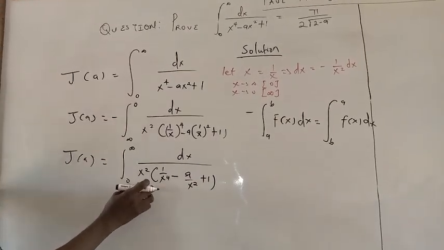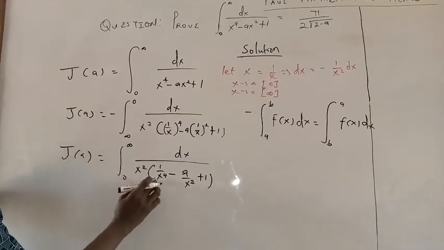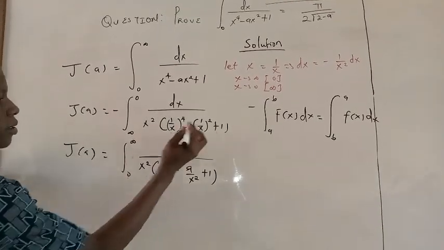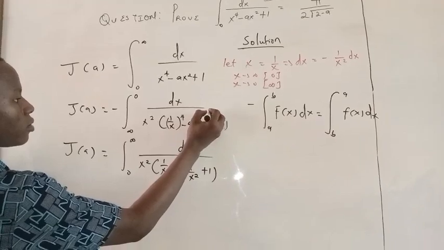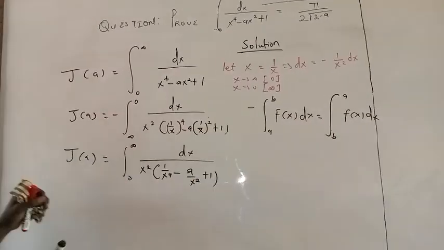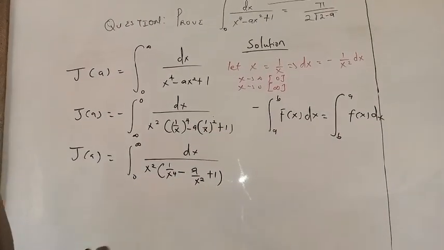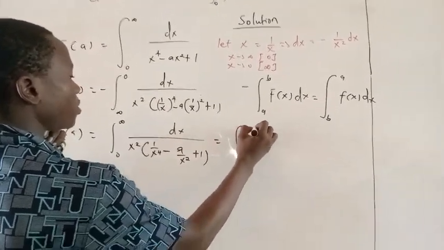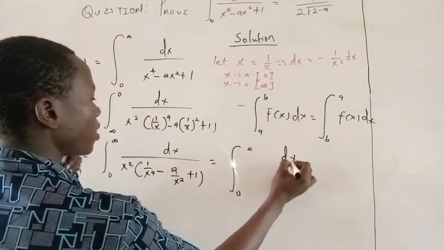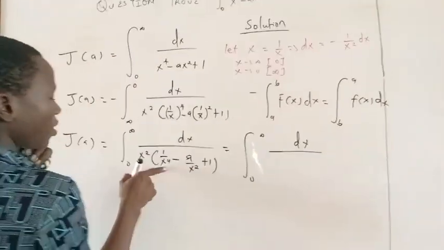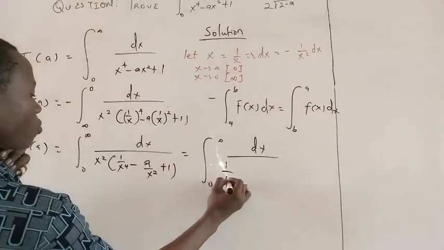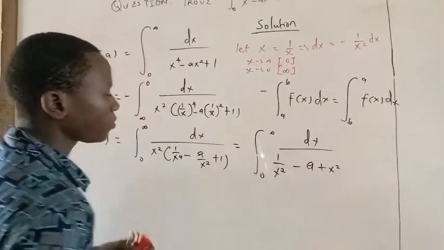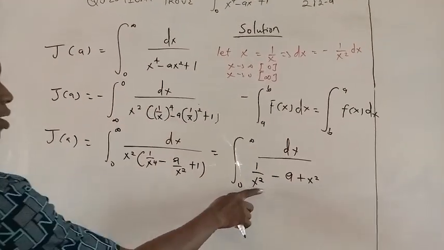So if I use this t squared to open the bracket here, I have the integral from 0 to infinity of dt over, so t squared times 1 over t squared minus a plus t squared. So don't forget that the same here will be t squared.